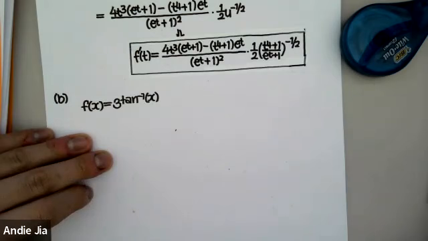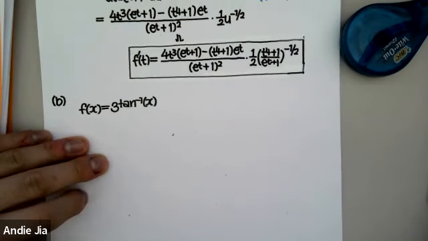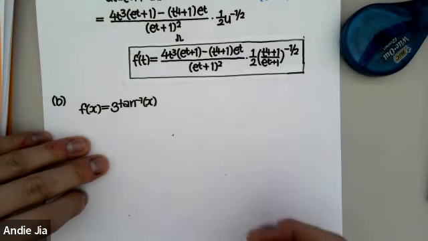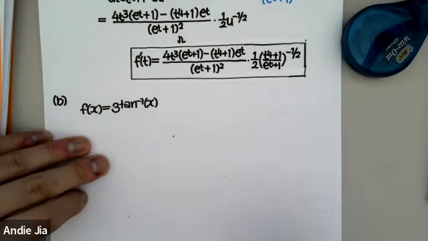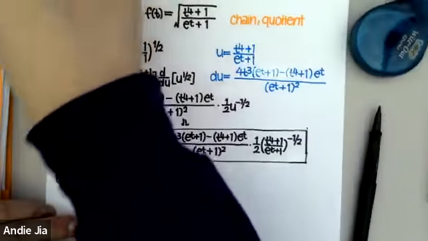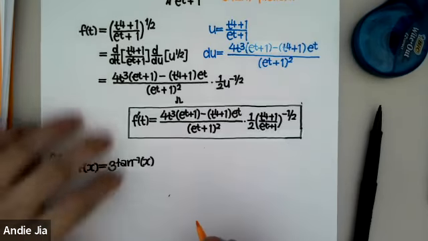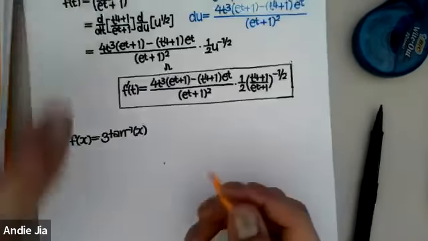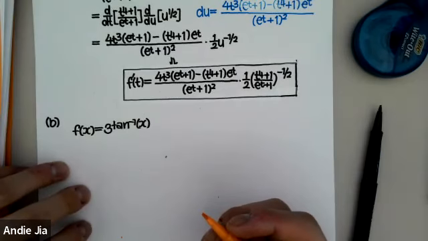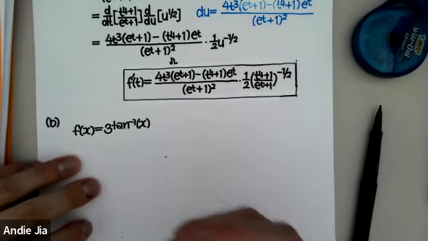And for this one, it is just a chain rule. So we only remember this, and this is what we needed to do with this kind of limit or derivative.